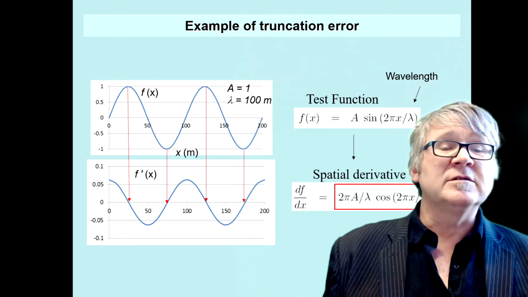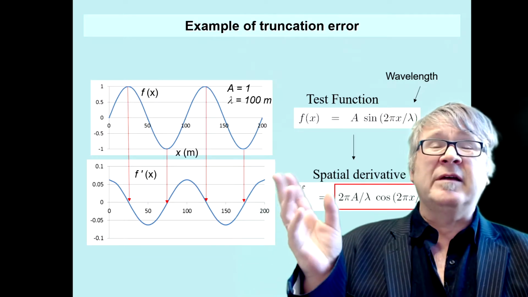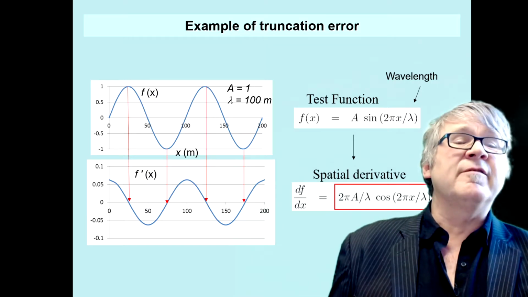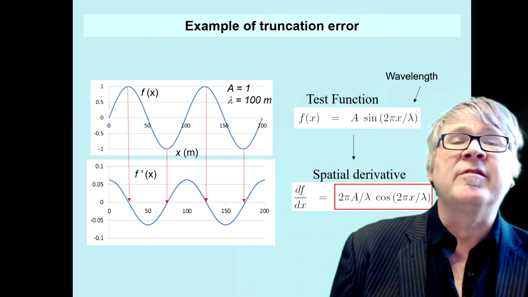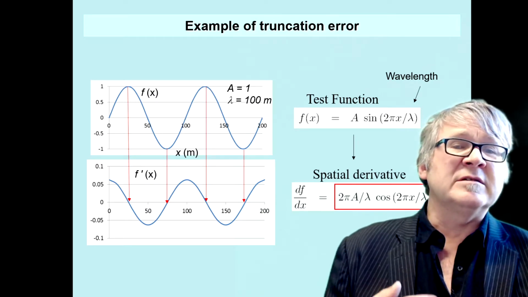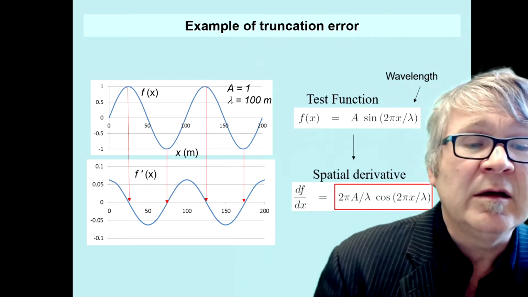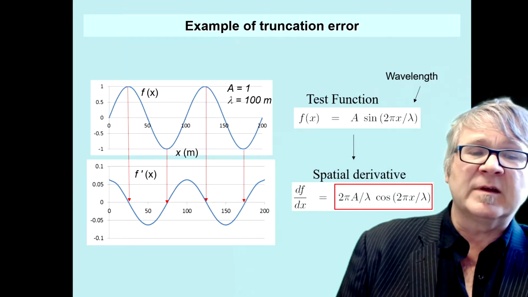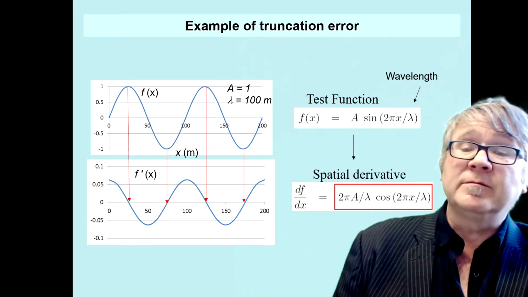If you have done that at high school, if you do the spatial derivative, you have to take the inner derivative times the outer derivative. It's known as the chain rule. You have to do that, and then you work out the spatial derivative and you can plot it.